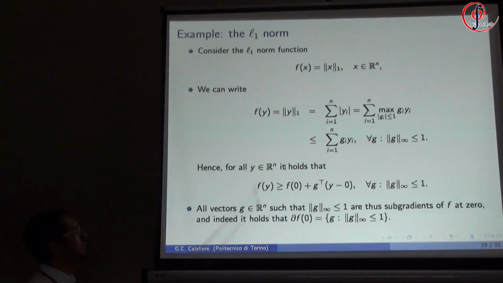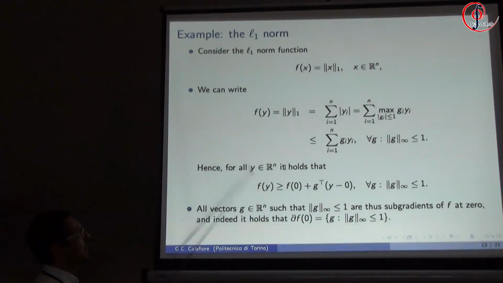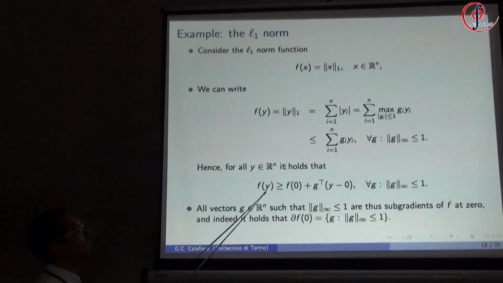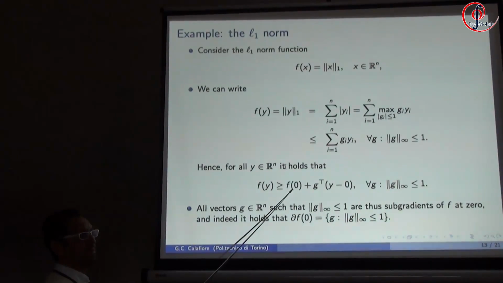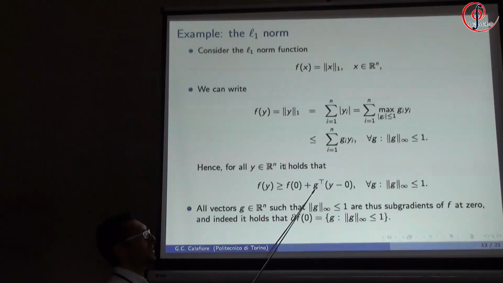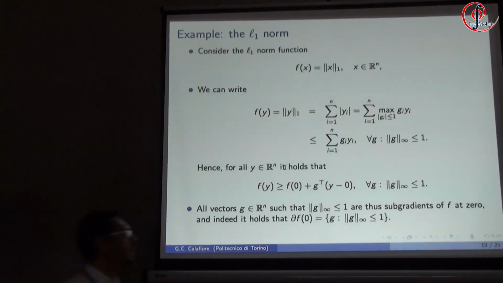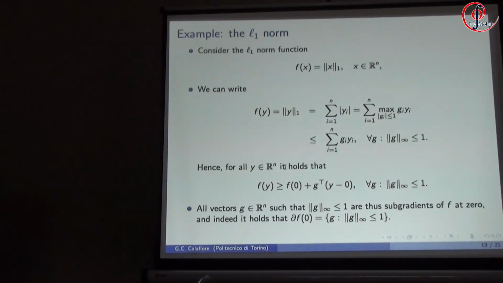So for all vectors y, it holds that the L1 norm function f at any y is greater than or equal to the value of the function computed at 0, which is, by the way, 0, plus this expression here, where g is a subgradient, and all subgradients are just vectors bounded in infinity norm by 1. In this way we found the subdifferential of the L1 norm function.